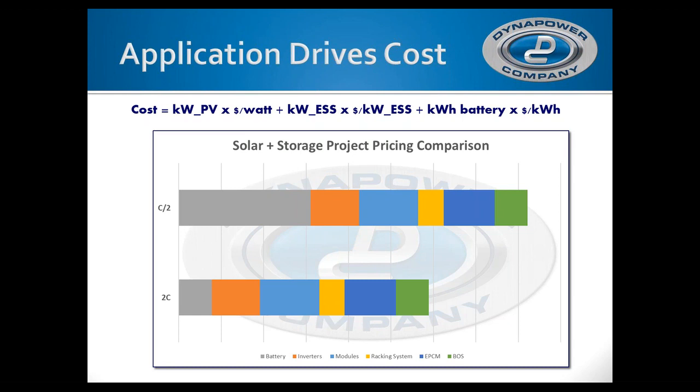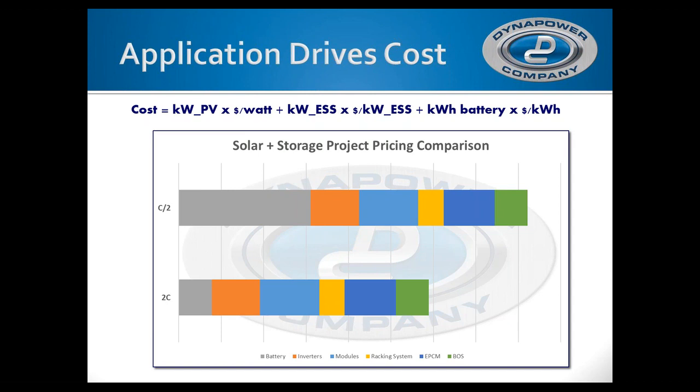pretty simply. The C rate describes how fast you're able to charge and discharge the battery. Because in the battery world, we're typically talking about kilowatt hours, right? 100 kilowatt hour battery, 1 megawatt hour battery. But the question is, how fast can you charge and discharge that battery? So a C rate represents the speed with which you can charge and discharge it.